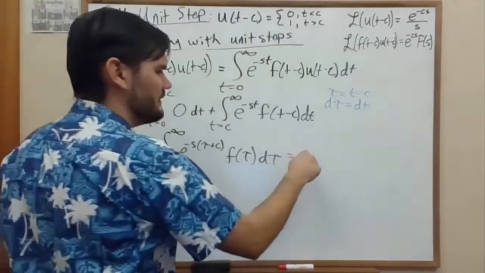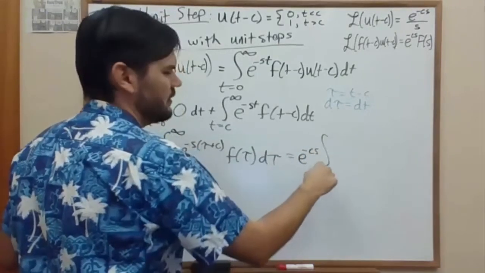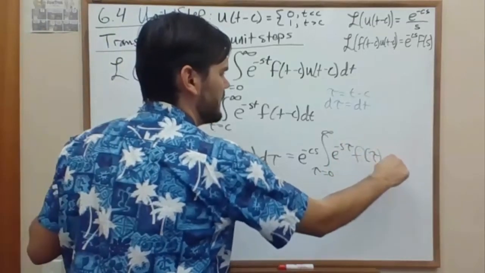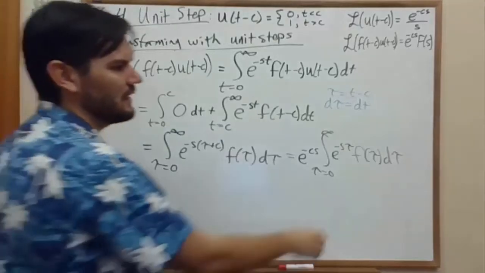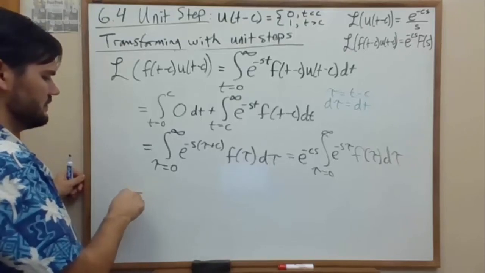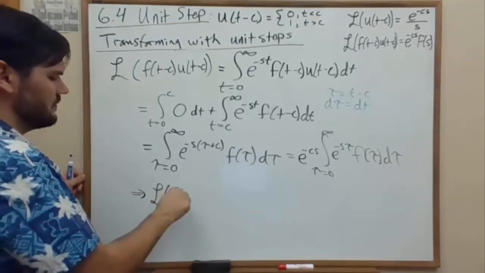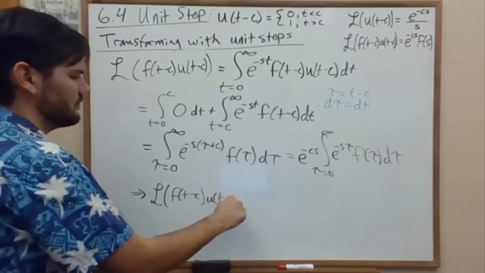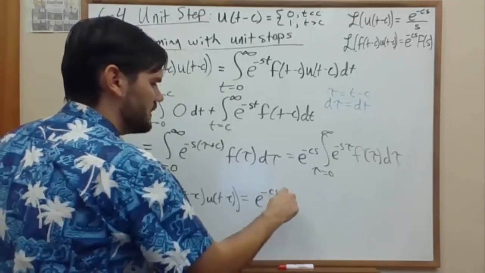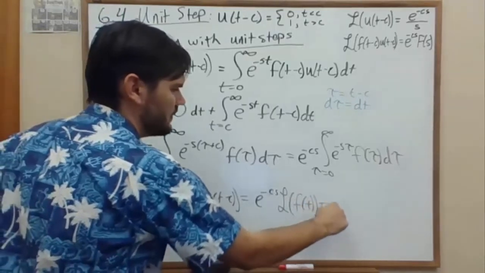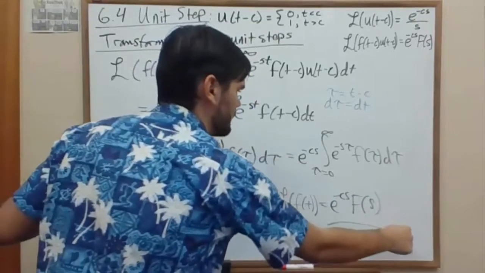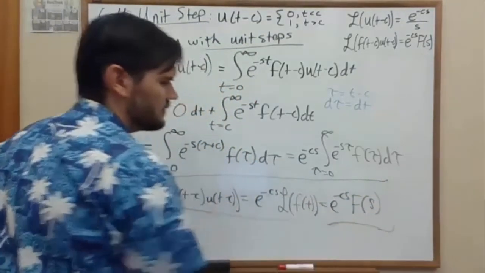And then we factor out e to the negative cs, and we have the integral tau equals 0 to infinity, e to the negative s tau f of tau d tau, and here we have the transform of our function, or in another way, e to the negative cs times the transform of f of t, which for shorthand we have e to the negative cs times capital F of s. Whew.